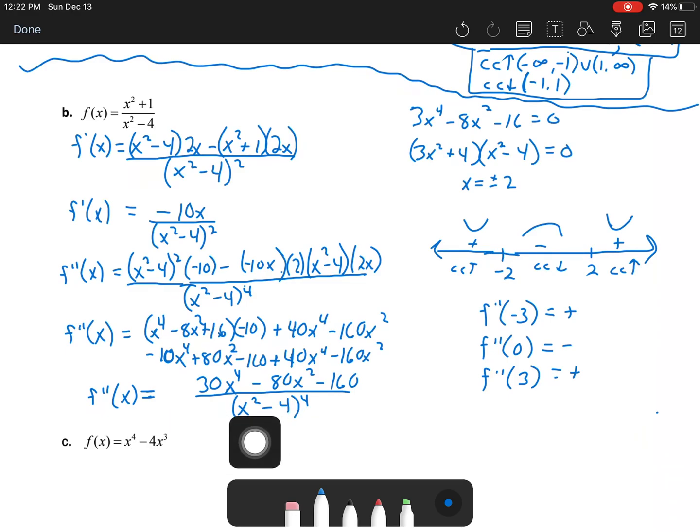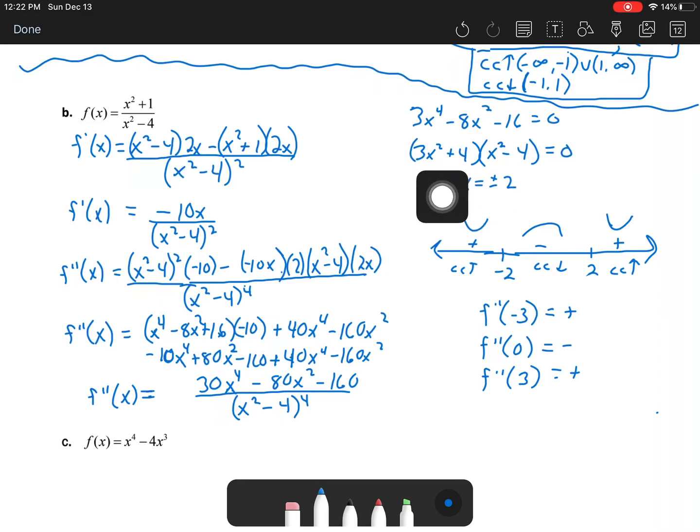Okay, so at this point we have the second derivative. We're going to find the zeros of the numerator and the zeros of the denominator. With the zeros of the numerator, I see they all end in 0, so I'm just dropping those off. I'm going to set it equal to 0 and simplify it by dividing everything by 10. As I do that, it factored into 3x squared plus 4 and x squared minus 4.